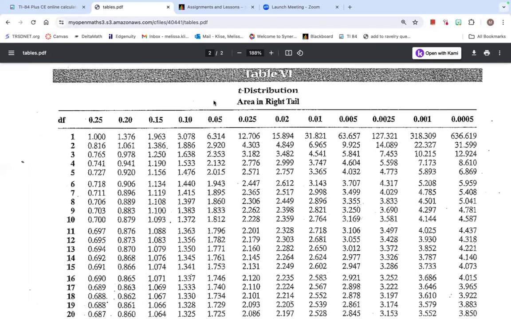This is the column we want. Down here, 1.753. So we haven't divided our alpha in half yet. We're just practicing looking at our table. So with 0.05 in the right tail, 15 degrees of freedom, we're at 1.753. All right.